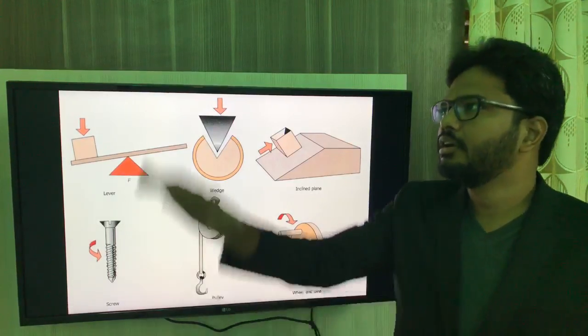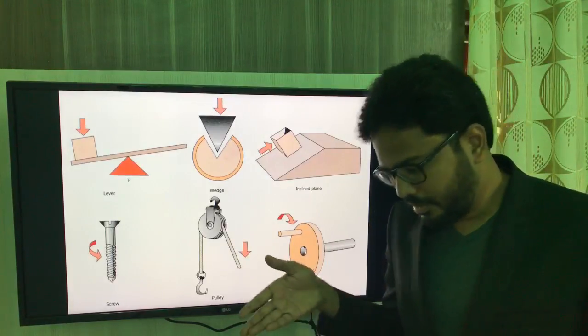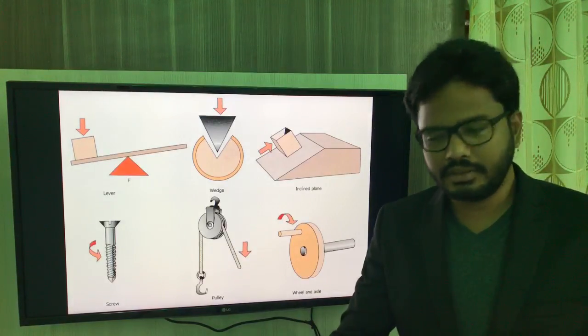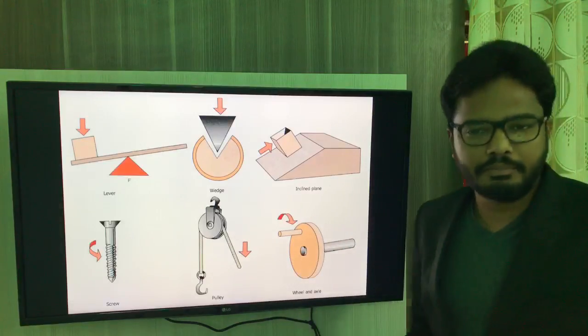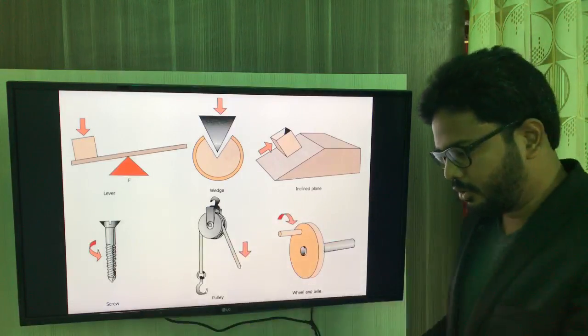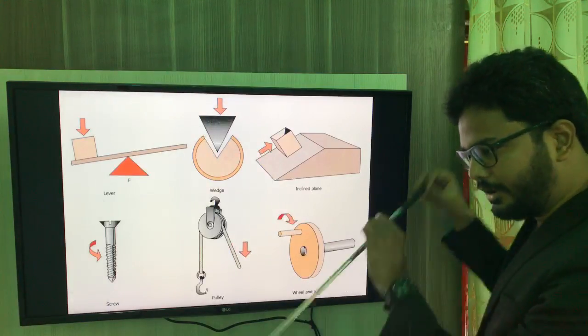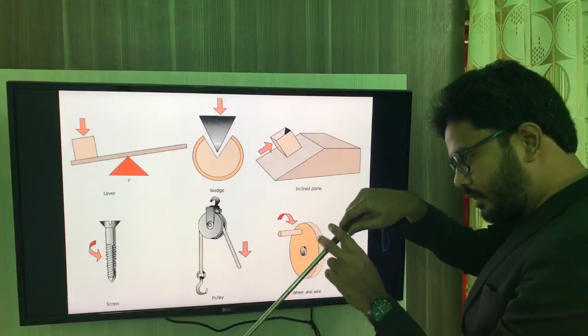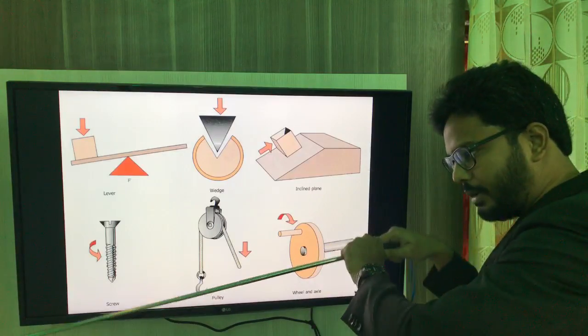Assume that you have a huge rock in front of you. How do you lift that? We wedge material under it and try to lift with the help of a stone. For example, assume that you have a huge rock in front of you, and this is a stick which you're carrying. You'll try to wedge it and hold the stick as far as possible and try to apply the effort, right?